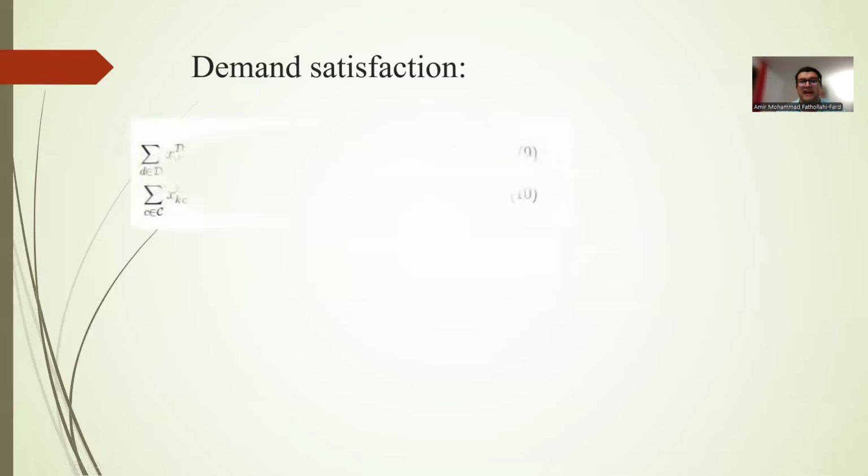We have a demand satisfaction constraint that highlights that all the demands must be satisfied. Therefore, the demands from the markets, from the forward supply chain, must be satisfied. And we also assume that only a fraction of these original demands will be considered as waste, and they will be collected in reverse logistics as given in constraint number 10.